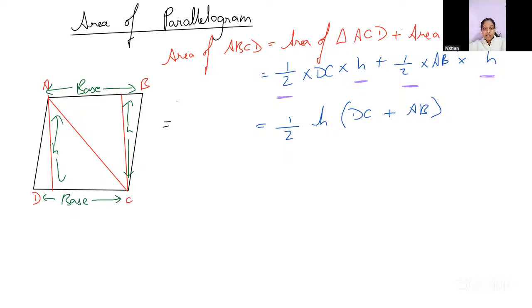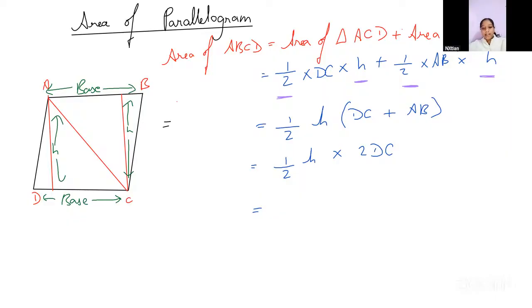So it becomes half height into DC plus AB. Now see, DC and AB are equal to each other. Area of a parallelogram is length into breadth? Yes, Abraham, it is height into base, basically. Not length into breadth, but base into height.